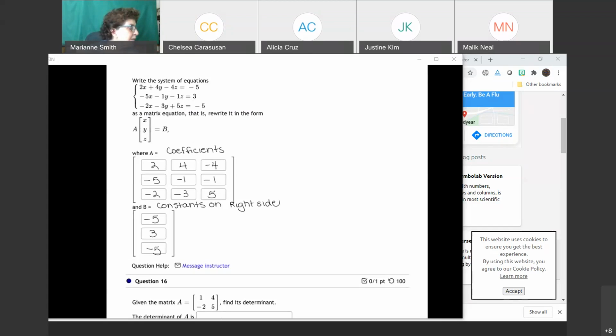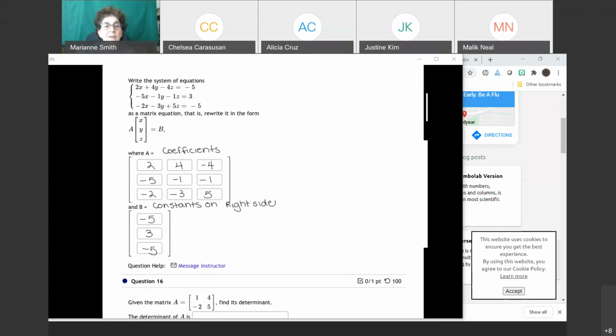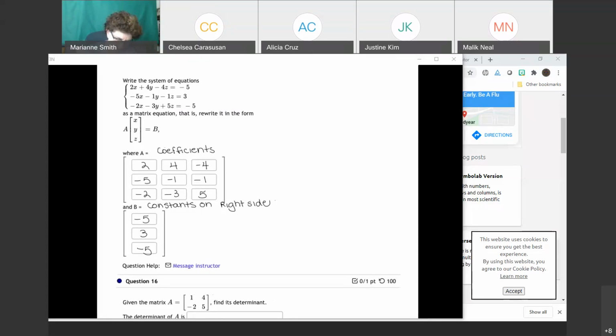They're not even asking me to solve it. If I wanted to solve it, which is not part of the problem, I need A inverse.